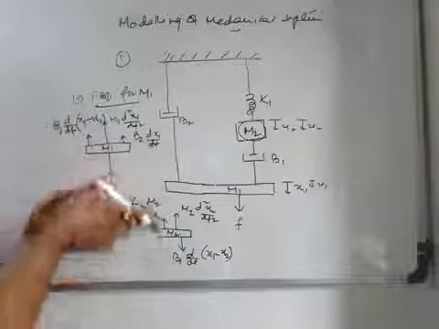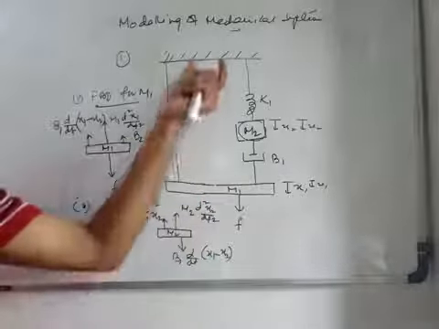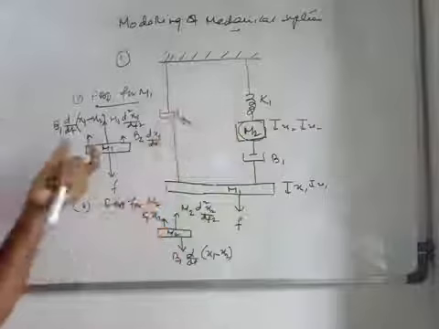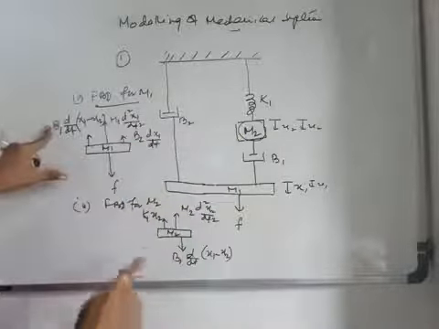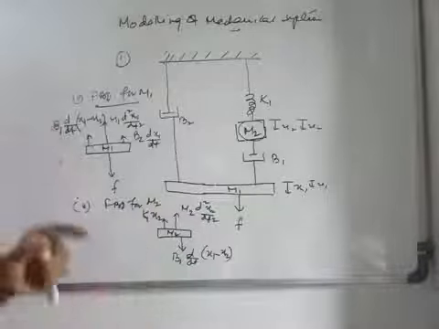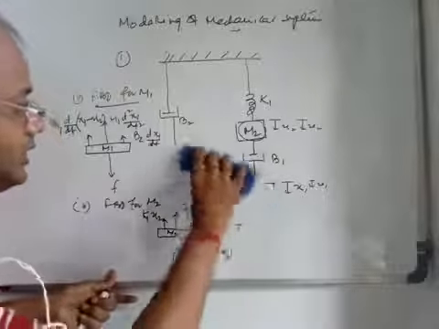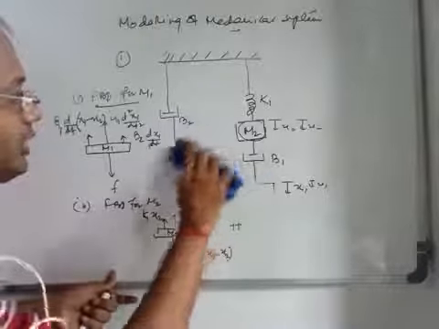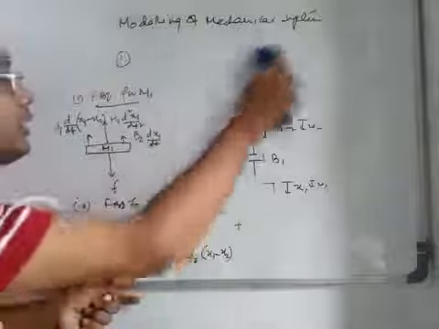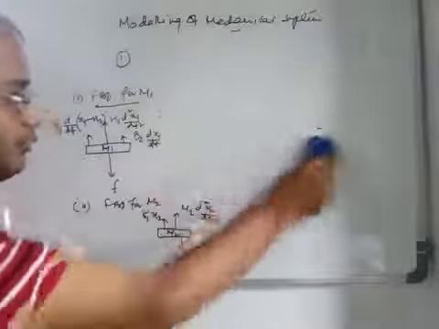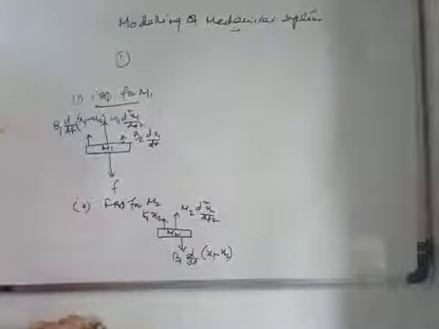Once these two free body diagrams for the entire mathematical model of this system are done, you have to write the differential equation corresponding to each. We will now write the differential equations. These two differential equations will be the governing equations for this overall system, right? So now D'Alembert's principle, that is very easy.